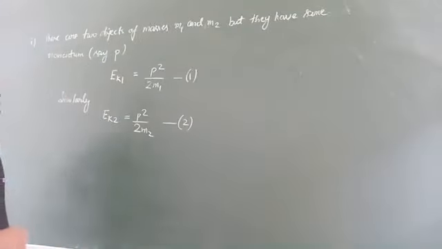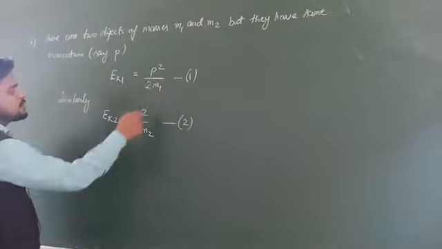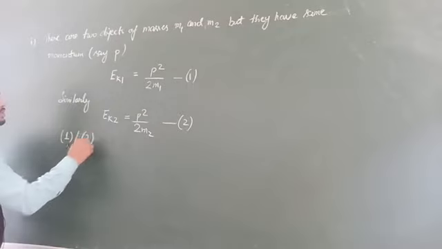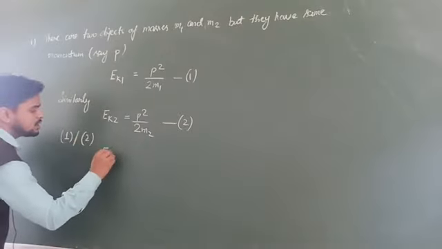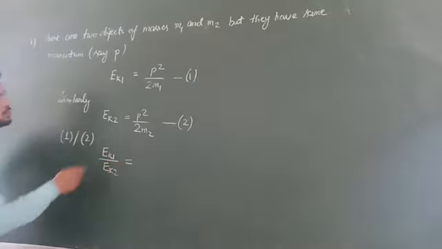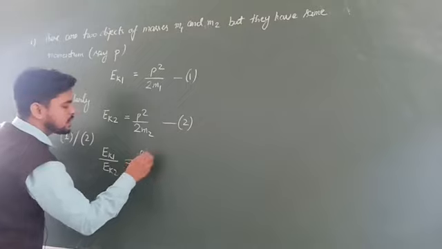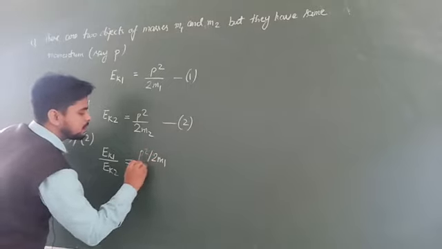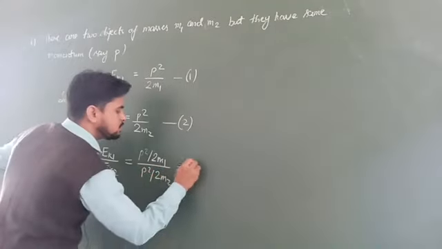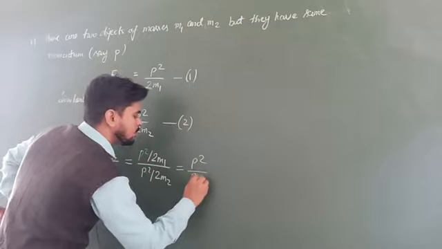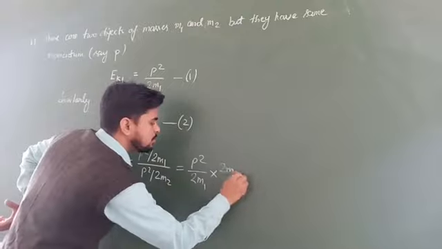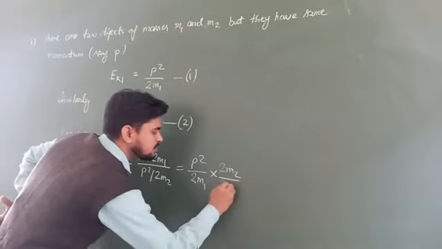Okay students? Now, if we divide equation 1 by equation 2, then what do we get? Ek1 divided by Ek2 equals P square by 2m1 divided by P square by 2m2. So it equals P square by 2m1 into 2m2 divided by P square.